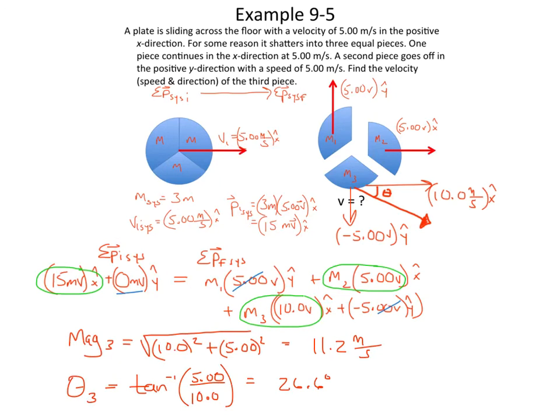In what quadrant? Well, it's down and to the right, so that's going to be south of east, right? There's east, we're south of east there, and that is our direction. So our final magnitude of mass 3 is going to be 11.2 meters per second at 26.6 degrees south of east.